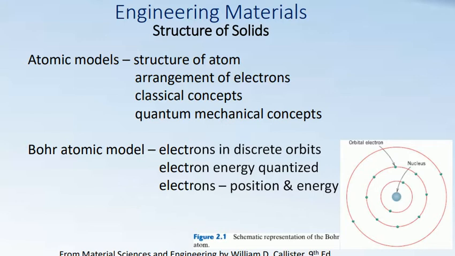If the electron is in the first orbit, there is a particular amount of energy that it can have, and if it goes to the second, it must have absorbed some energy from some external source to move on to the second orbit, and this energy again is quantized. It cannot have more than or less than this quantized amount of energy determined for the hydrogen atom.